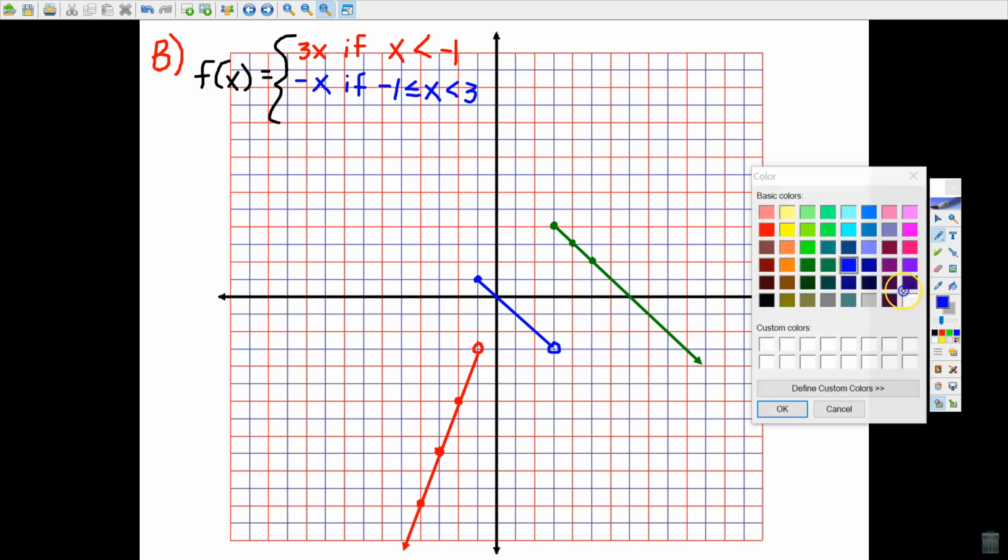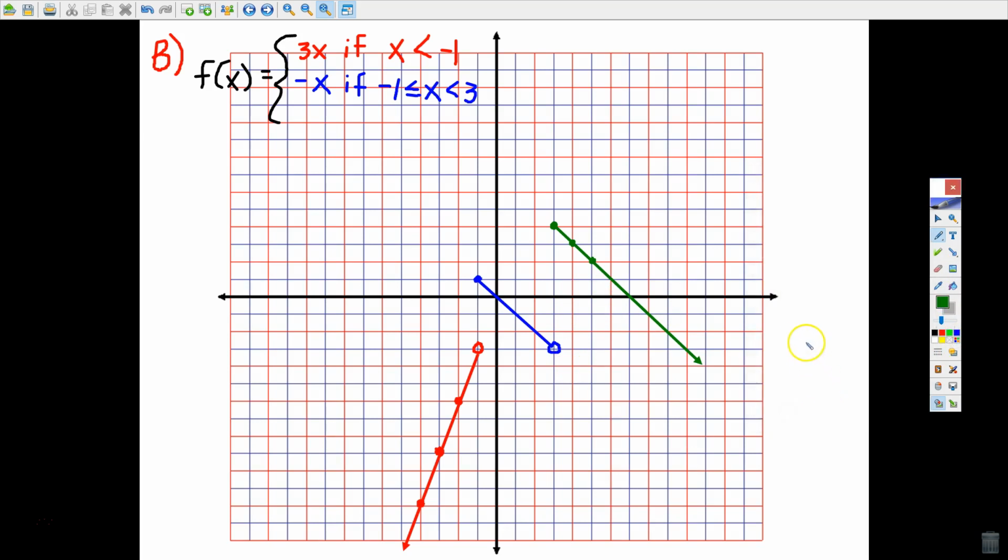All right, now let's work on the green. For the green, we can get the slope of down 1, right 1. That's a slope of -1. And pick one of these ordered pairs. It really doesn't matter which. You can take 1, 2, 3, 4, 1, 2, 3. So y equals mx plus b.